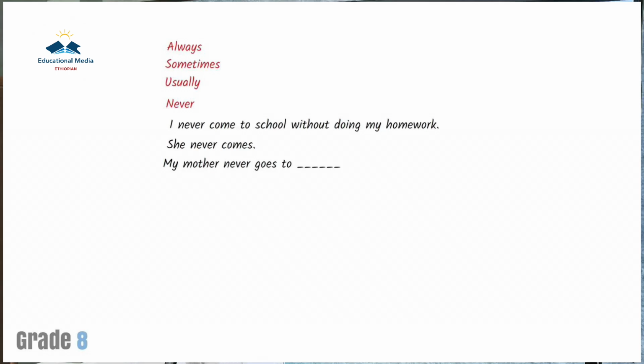You see? So never gives. My mother and she are both the same. He is also replaced in such ways, okay? This is a very important issue. Always, sometimes, usually, never. Not only these adverbs, there are also a lot of frequency adverbs that are common, so as to use simple present tense.